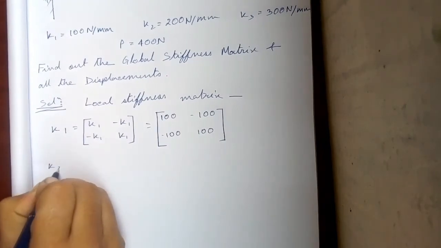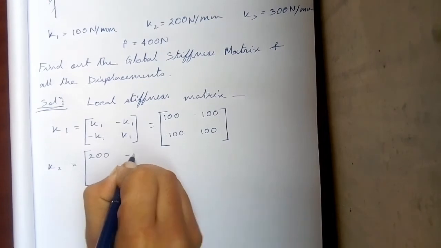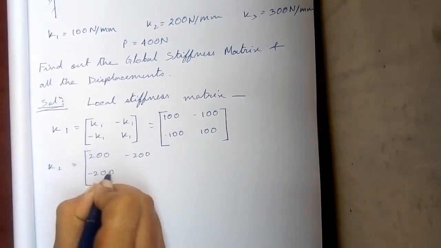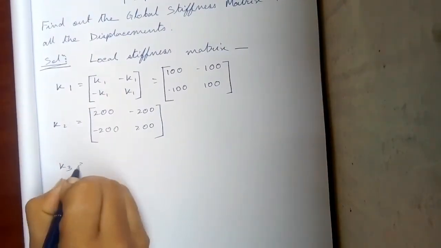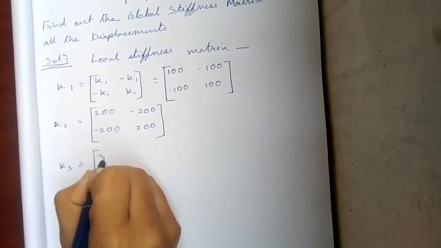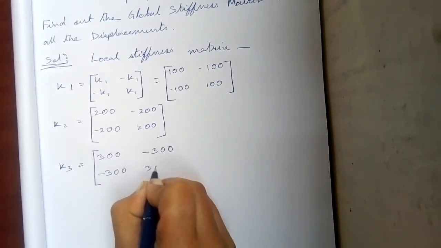And again for K2 it is same. So let's put the values directly. K3 is 300 minus 300 minus 300 and 300.